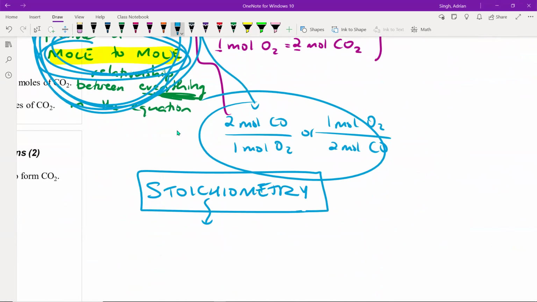Stoichiometry simply means using the coefficients from the balanced equation. And when we use them, we can solve all sorts of problems. We can calculate all sorts of things, specifically amounts is what we're looking at.